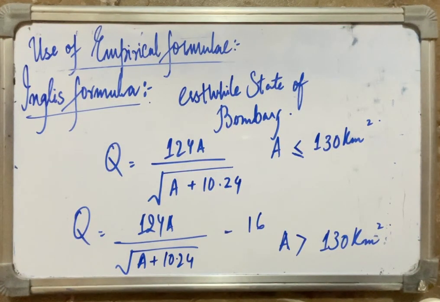All right, so this is about the English formula. English studied the available hydrologic records of catchments of the erstwhile state of Bombay and other catchments outside the state as well, and he arrived at a relationship to determine the maximum discharge of the rivers. He proposed the formula Q is equal to 124A divided by the square root of A plus 10.24 for all those areas which are less than or equal to 130 square kilometers, and for more than that we have the other formula.